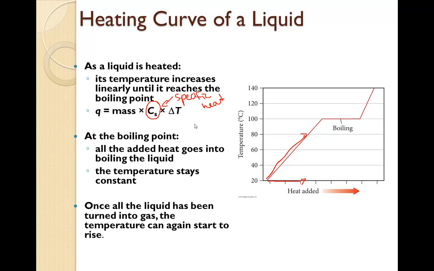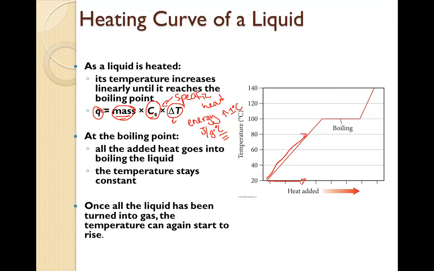It's the amount of energy required to raise the temperature 1 degree Celsius for every gram. So it's joules per gram degree Celsius. So if we have a specific mass and we're going to try to raise its temperature, it's the change of temperature, the amount that you're raising the temperature, times the mass times the specific heat, and that'll give you the amount of energy that it took to do this.